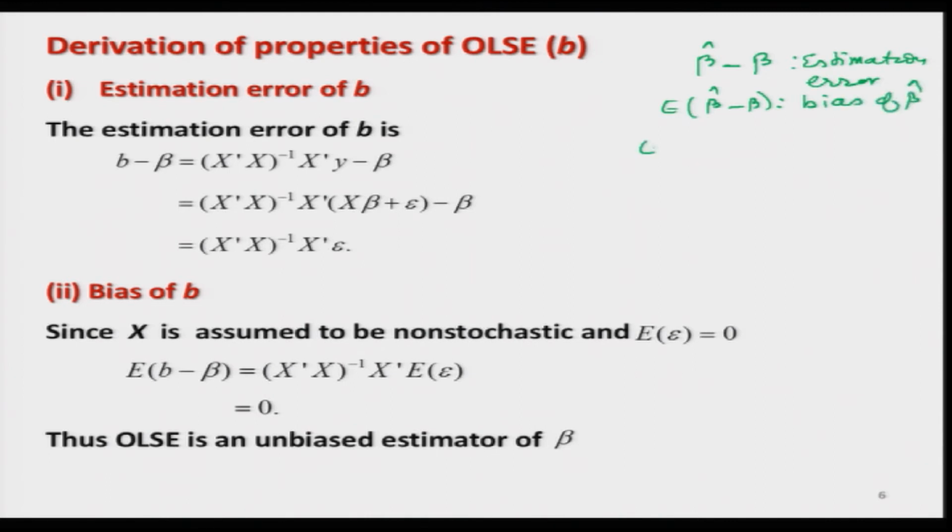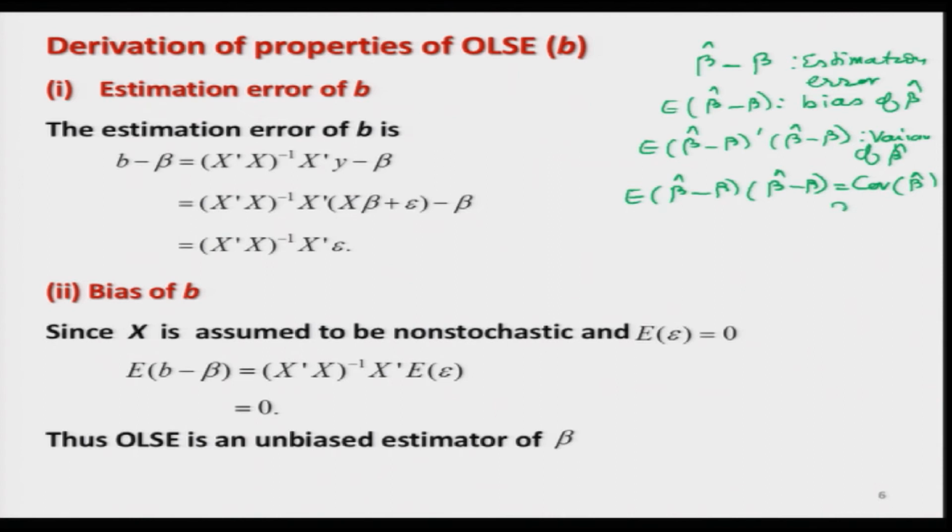And if you take the expectation of beta hat minus beta transpose times beta hat minus beta, then this will give you an idea about the variance of beta hat. And if you consider the expected value of beta hat minus beta times beta hat minus beta transpose, then this gives you an idea about the covariance of beta hat. This is the covariance matrix.